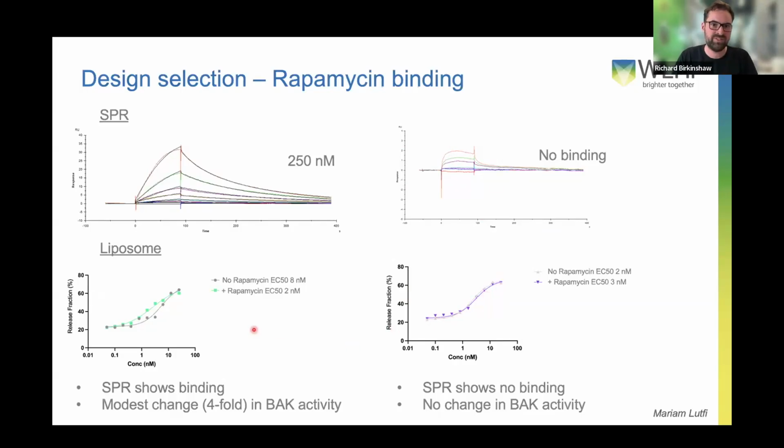However, with the design protein where we do see rapamycin binding, there is potentially some difference. It's not striking. I'm not sold on this myself, but there is a fourfold difference in EC50 in this assay for binding, but this really needs more robustness to say that it's actually occurring. Nevertheless, we have been able to install a rapamycin binding site into a protein that can also bind to BAC.